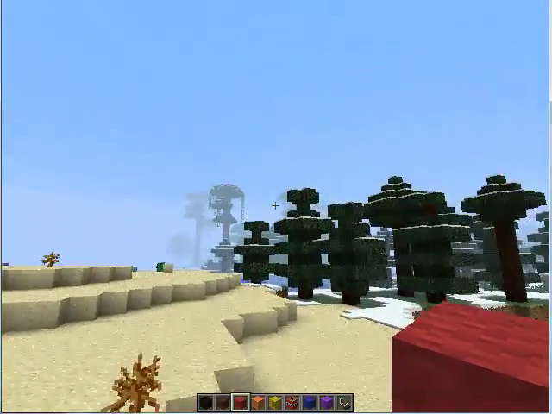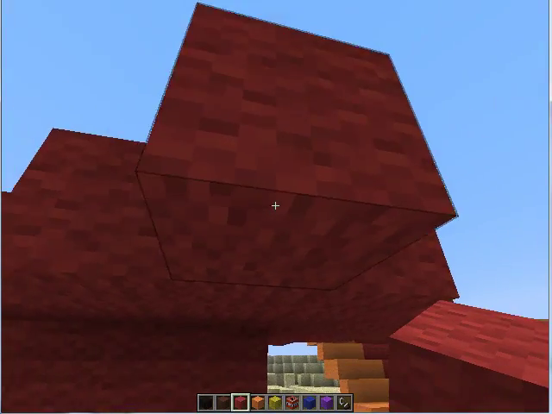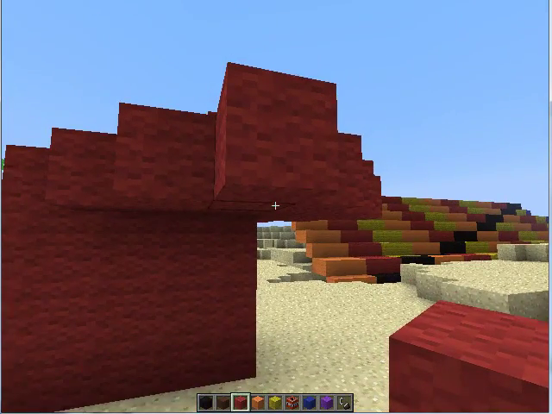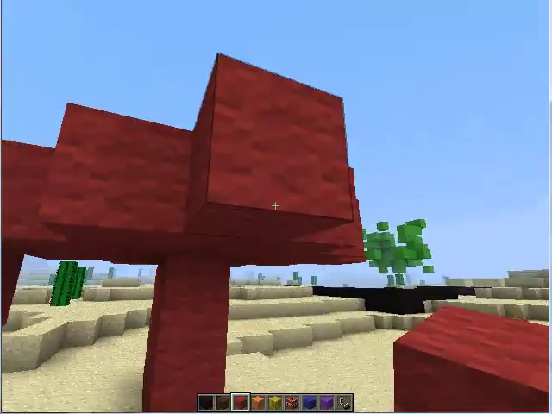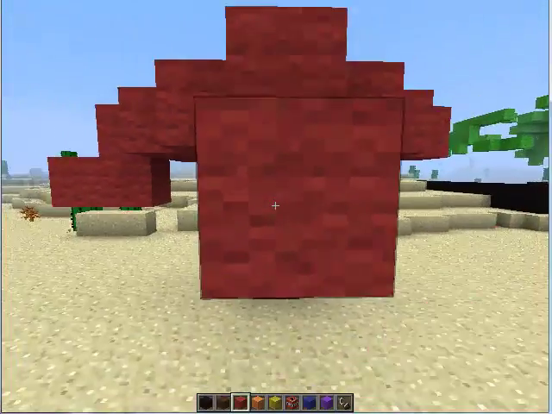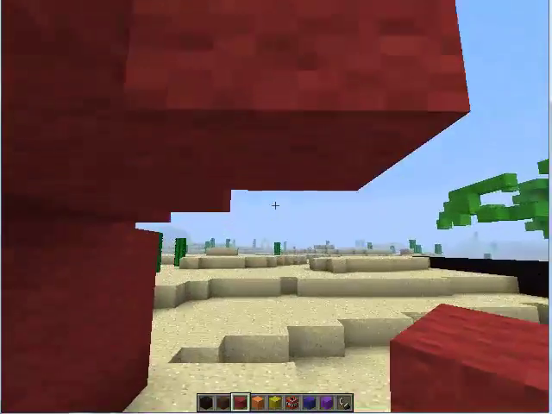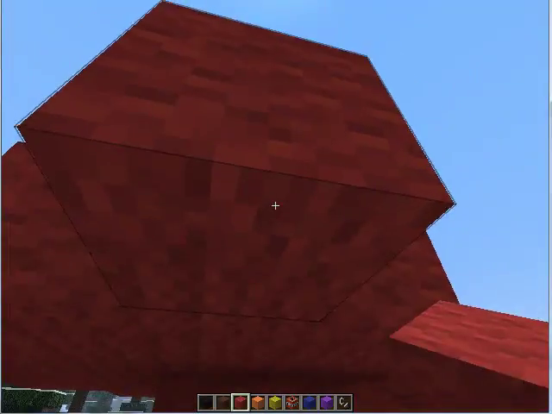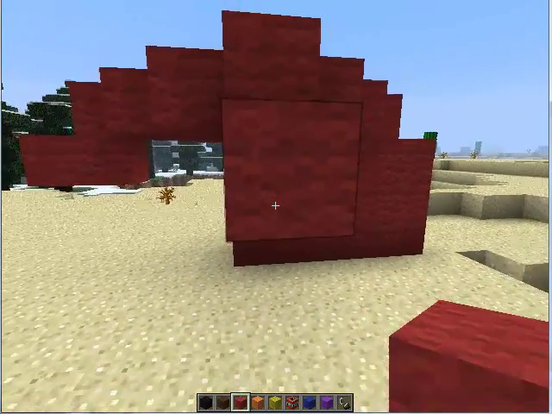And here we also need it to be at height 3, and we need to attach it to something. So let's fill this one and this one, this one and this one, this one and this one.